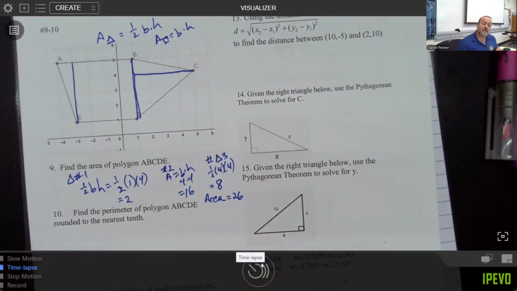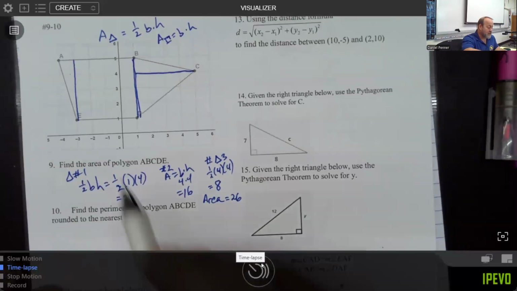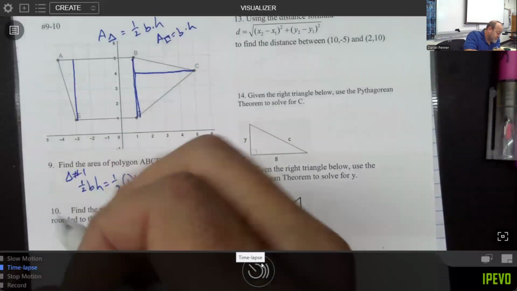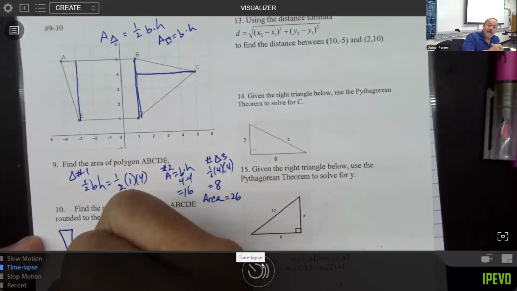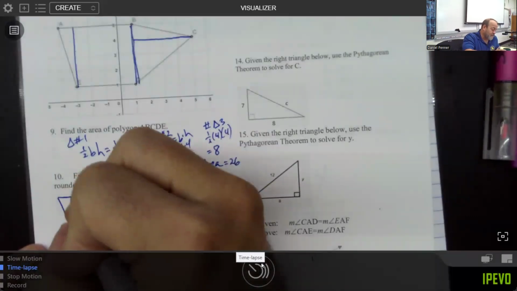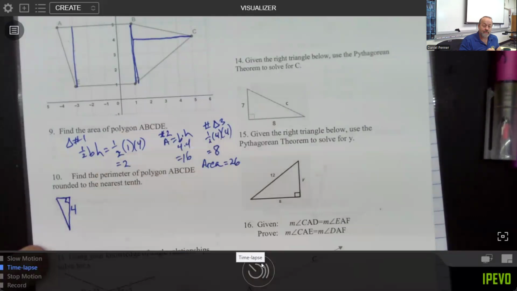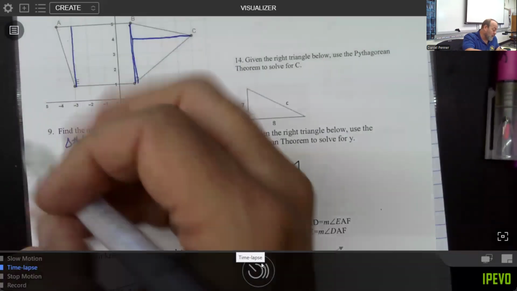Now, as it turns out, those little things were very helpful to me to find the perimeter. If I look at this shape right here, I'm going to draw that so we can see that I purposely made myself a nice little right triangle. I already know that this part of my triangle is 4, and I also know that this little piece right here is 1.